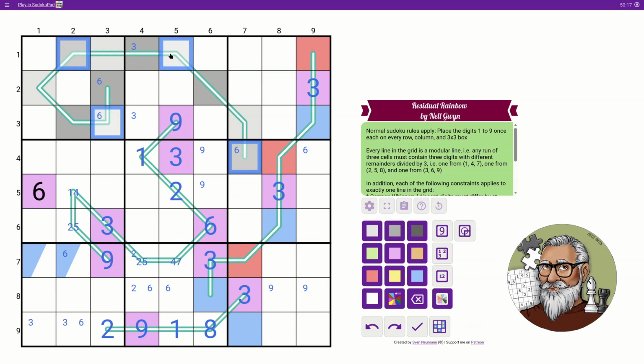This would have to be 6 again. If this is 6, then that's 6. Oh yeah, well, so, oh, hold on. Does that mean that one of these is a 6? Yeah, it does.